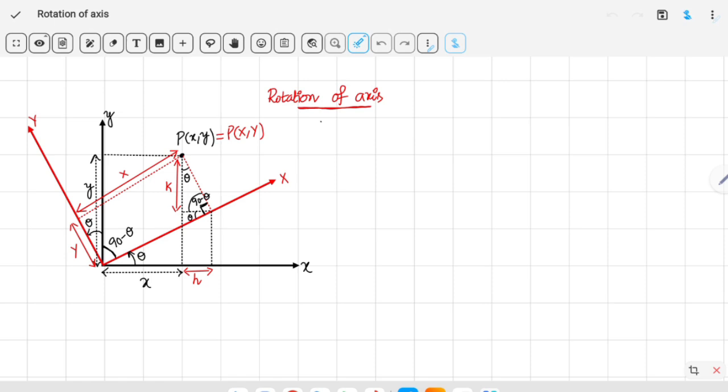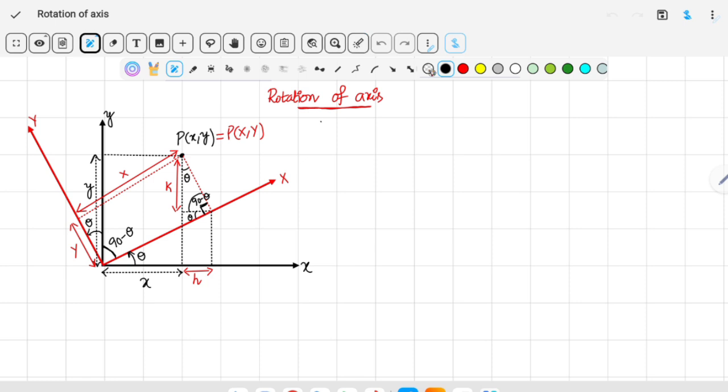That's why I wrote here P small x comma small y is equal to P capital X comma capital Y. So the point will not change, but we need to know the relation between these two sets of coordinates, capital X and small x, and capital Y and small y. From the figure, let me first find the relation between the x coordinates of the old system and the new system.